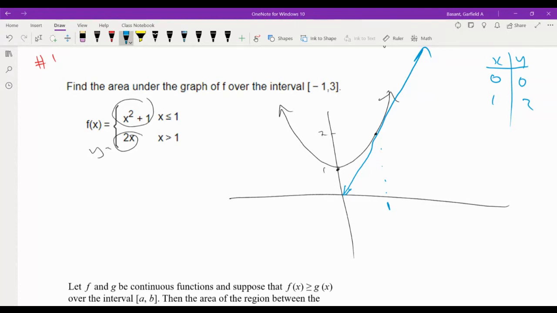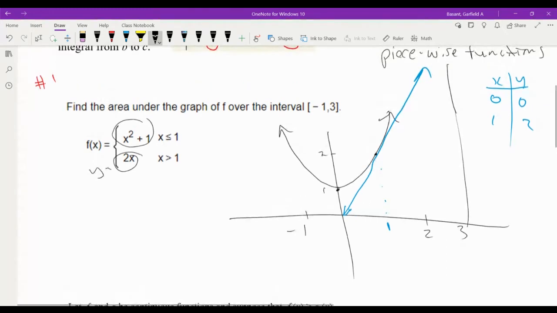Now they want the area from negative 1 to 3. From negative 1 to 3, you can see it's two different curves, obviously. For the line, they're interested in the section that's greater than 1.